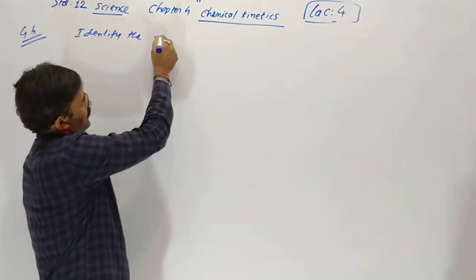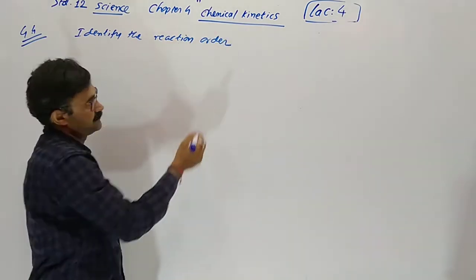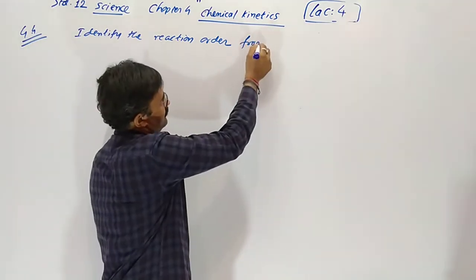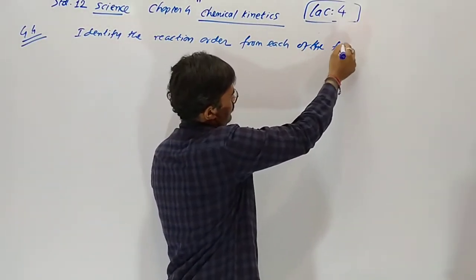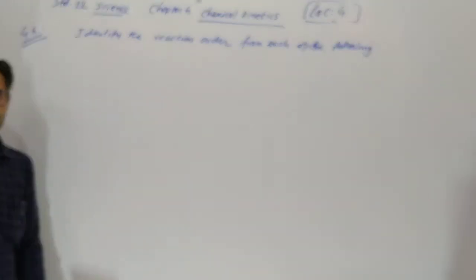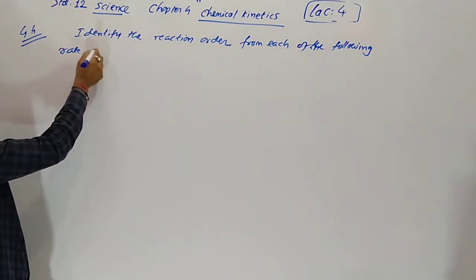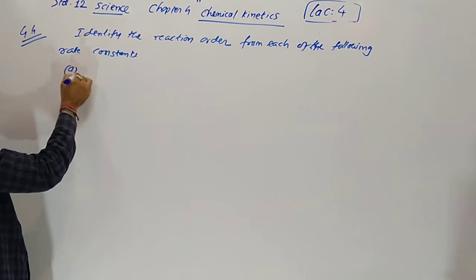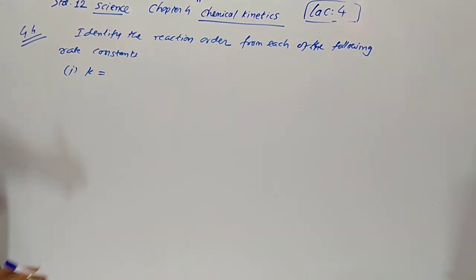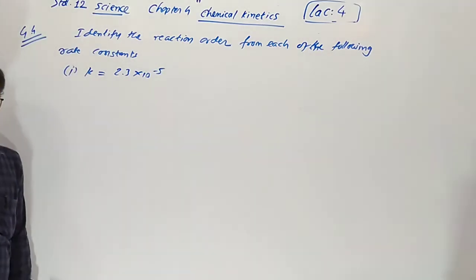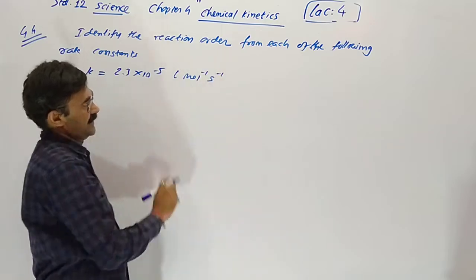Identify the reaction order from each of the following rate constants. First, K is equal to 2.3 into 10 raised to minus 5 liter into mole inverse into second inverse.